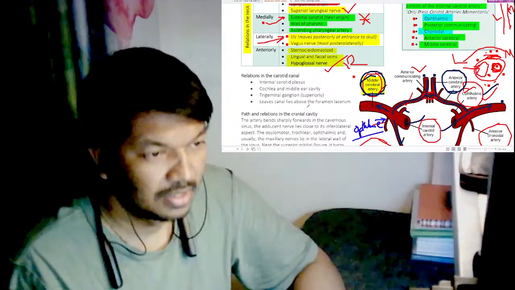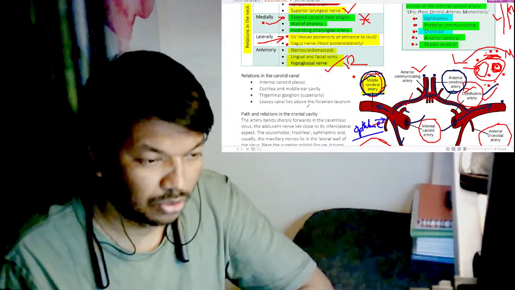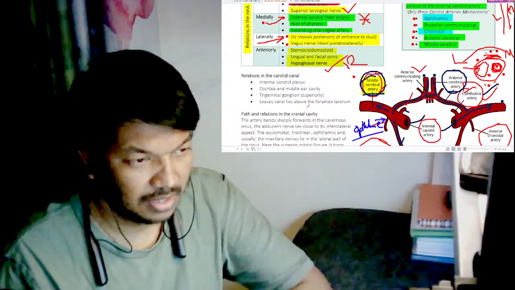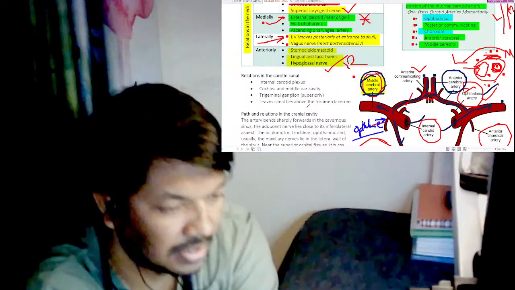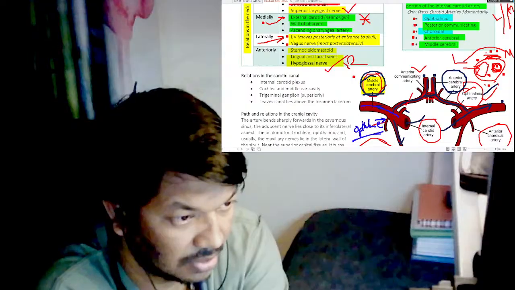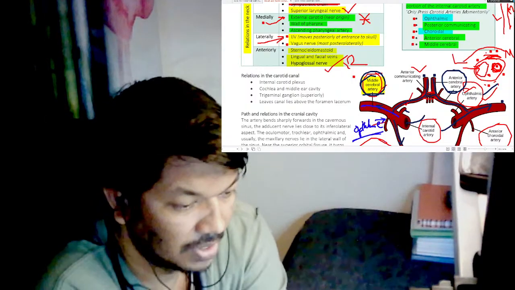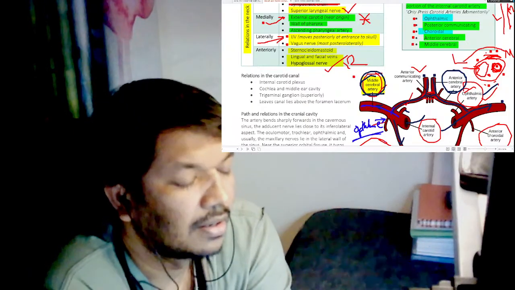They have other branches also, like posterior communicating artery, choroidal artery, anterior cerebral artery, and middle cerebral artery. See here, this is the internal carotid artery giving these branches.